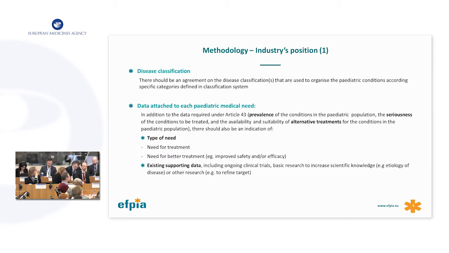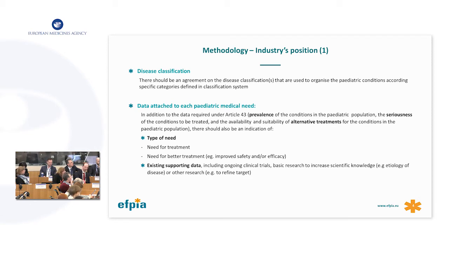Regarding the methodology, a disease classification: there should be an agreement on the disease classifications that are used to organize the pediatric conditions according to specific categories defined in a classification system. Which data should be attached to each pediatric medical need?